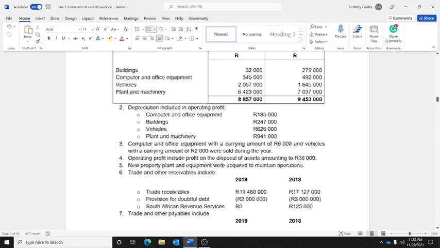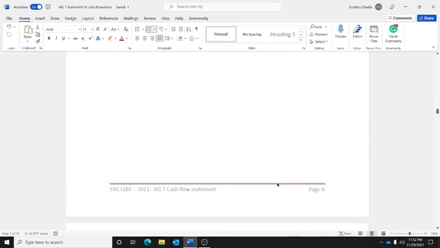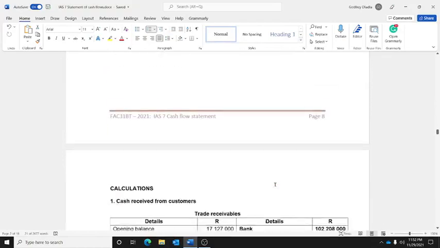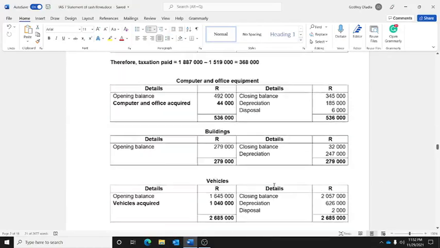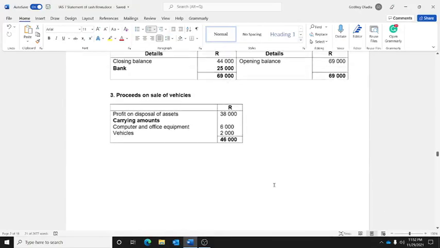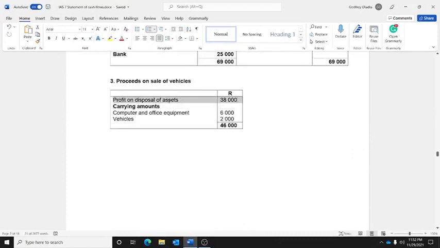If you have to make a profit of 38, it means you paid more than 8,000 by 38. So the amount you received should be 38 plus 8, because that is how much you received for them. Right. There is a calculation that I did for that. This one here. So the profit is this one.